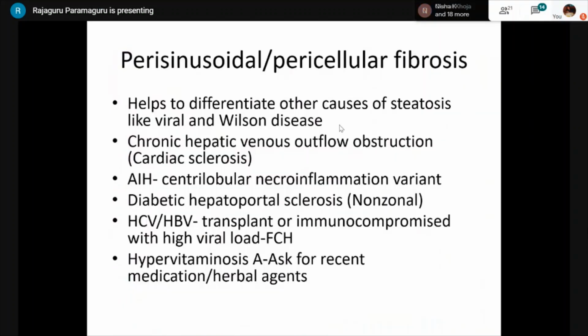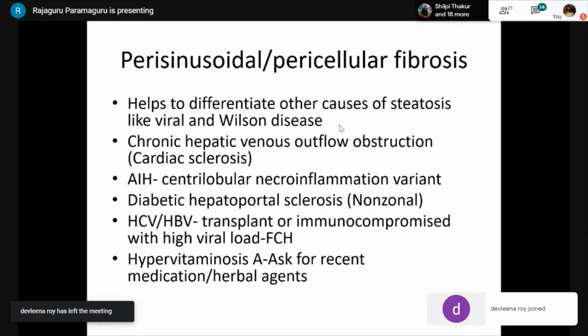So what are the other causes of perisinusoidal and pericellular fibrosis, and what is the use if we are dealing with a steatosis case? As I asked you last time, what is the genetic metabolic disorder which causes steatosis? Wilson's disease. And viral infections like hepatitis C virus genotype 3 and HIV can cause steatosis. In such a case, the trichrome stain will be really helpful to see if there is pericellular fibrosis or not.